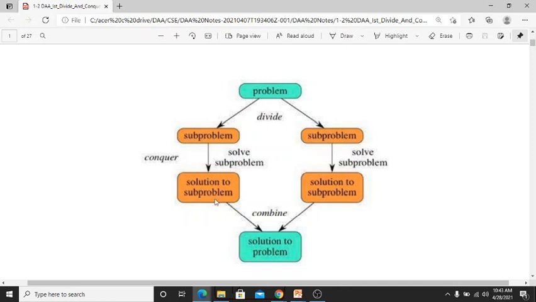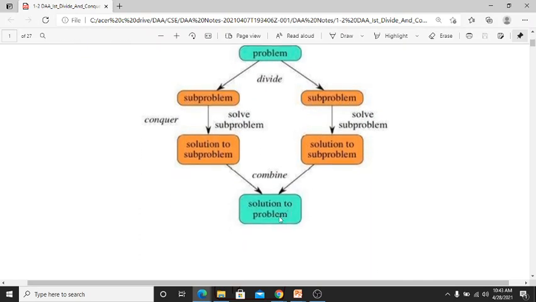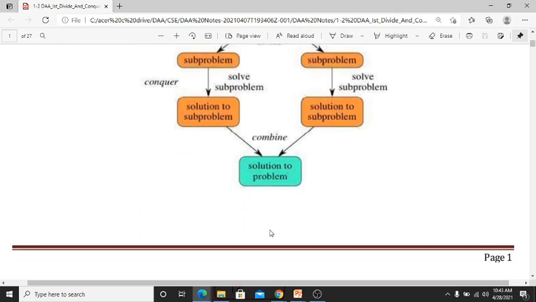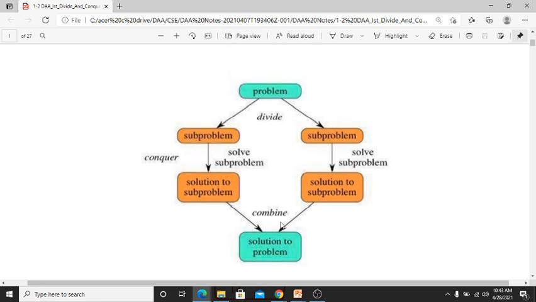Then we combine the solutions recursively, and we will get the solution to the problem. So this is a diagram you need to draw if it is asked in the exam. It is also a very simple diagram for easy understanding.